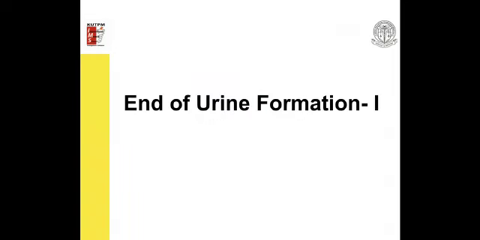So in today's class we saw how urine formation takes place, the mechanism, which involves three processes: GFR, tubular reabsorption and tubular secretion. GFR is the amount of filtrate formed by all the nephrons per unit time. It's around 125 ml per minute, and tubular reabsorption takes place maximally in the proximal convoluted tubule depending on the transport mechanisms.